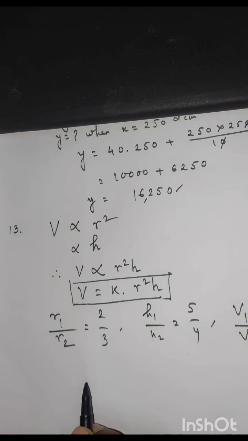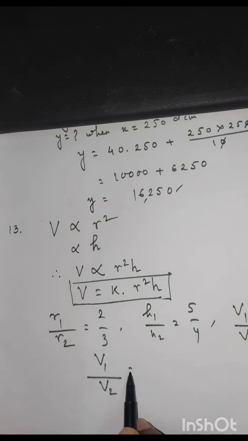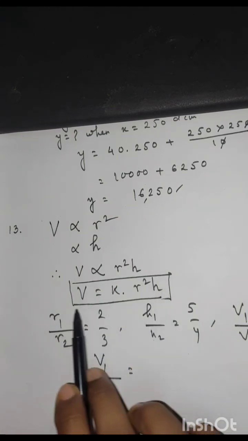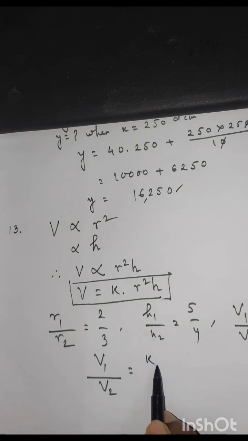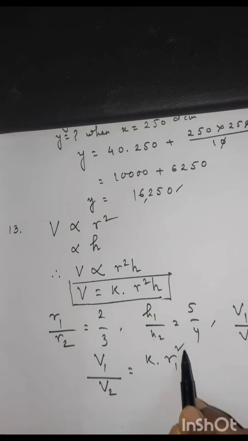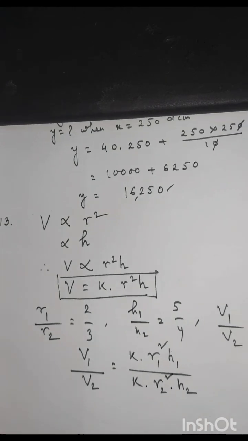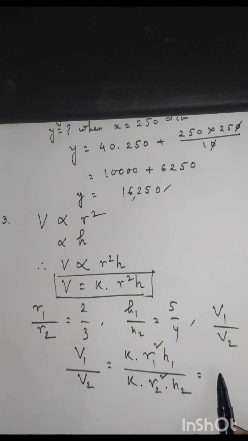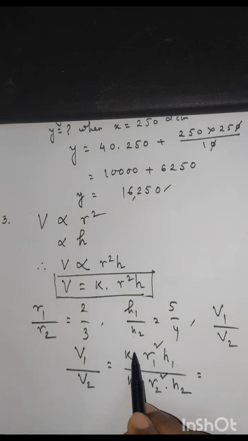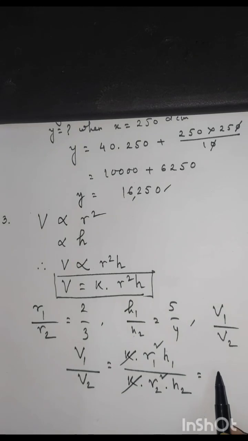Okay, so V1 by V2 equal to, using this equation we can write, K into R1 square H1 for first cylinder and K into R2 square H2 for second cylinder, equal to R1 by R2 whole square into H1 by H2.